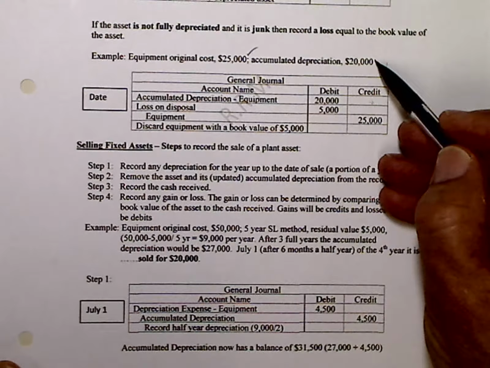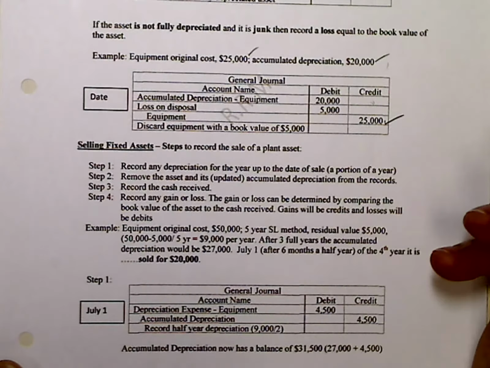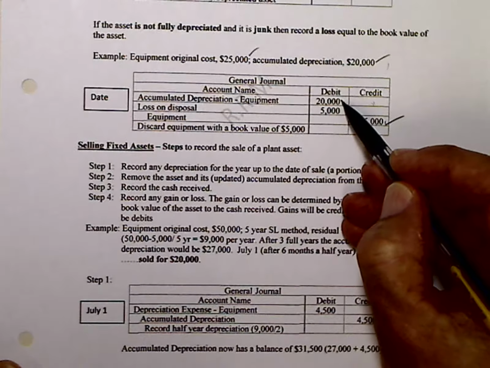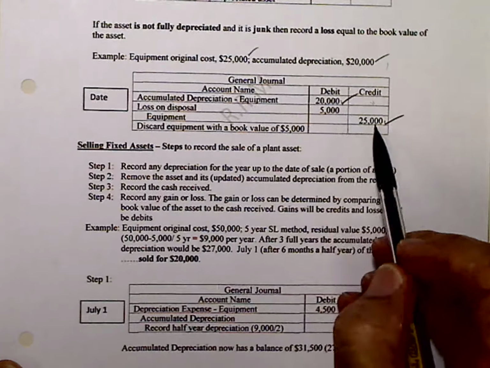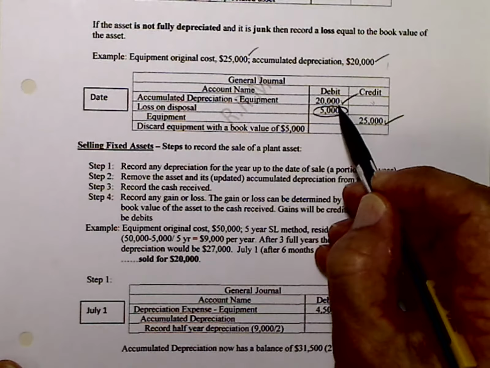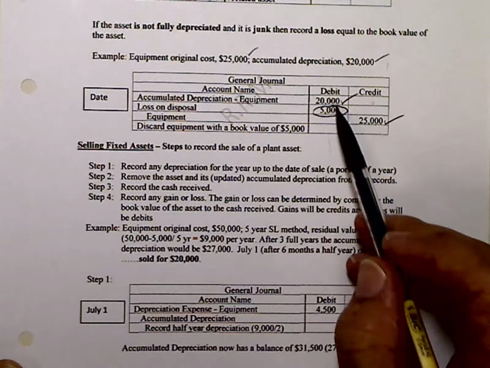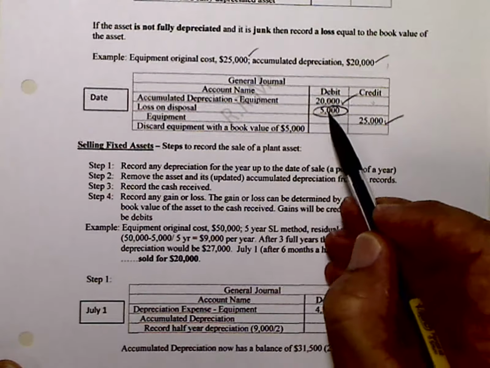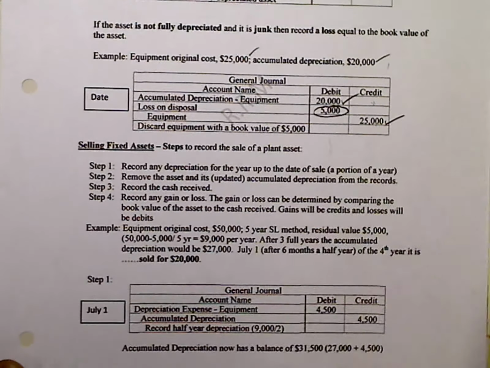The accumulated depreciation is 20. Remember the rules. Remove the asset. Remove the accumulated depreciation. And of course, then you notice the entry doesn't balance. The only thing in the universe that can cause this entry to balance, and you know that debits must equal credits for each transaction, is this $5,000.